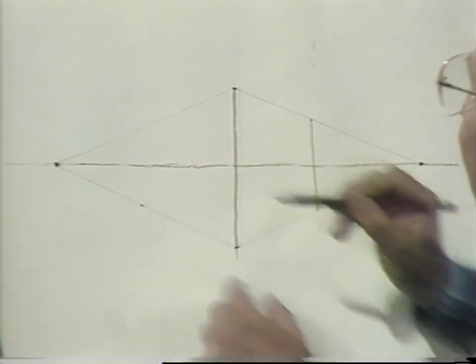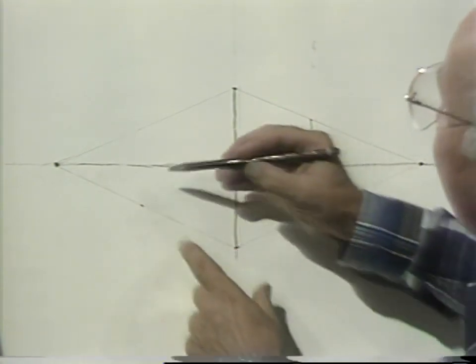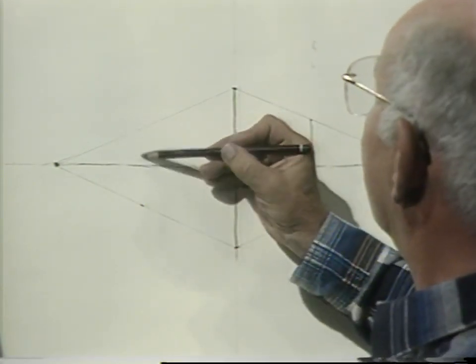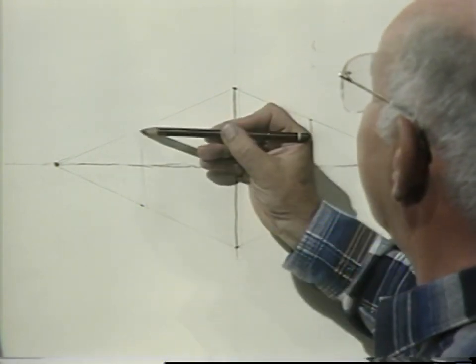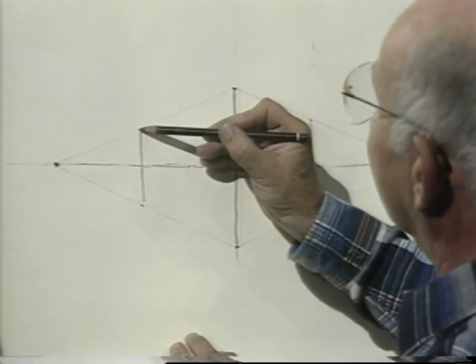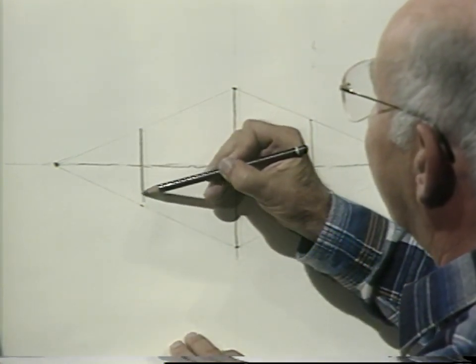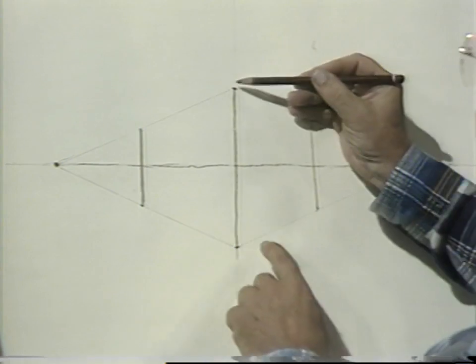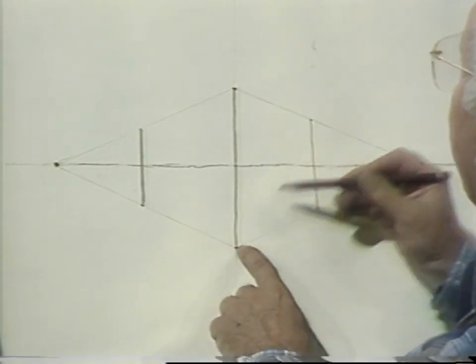And let's say that I want the side of the building to be this wide here. Then I will draw a vertical line. And this vertical line here then represents the faraway corner of the building. So I'll darken that. And here's my center corner of the building.